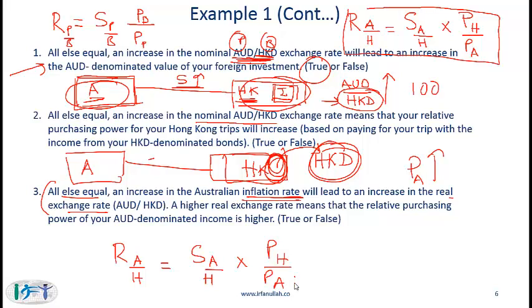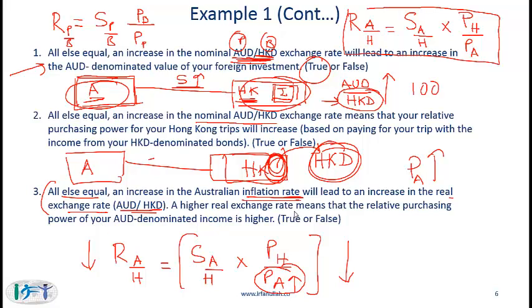So this number has gone up, the price level in Australia. This will increase the real exchange rate, and that clearly is not happening. If this price level is going up, then overall this relationship is coming down, which means that the real exchange rate is coming down. So that is false.